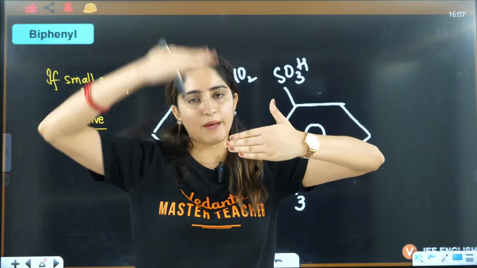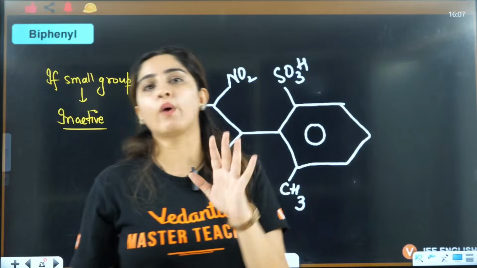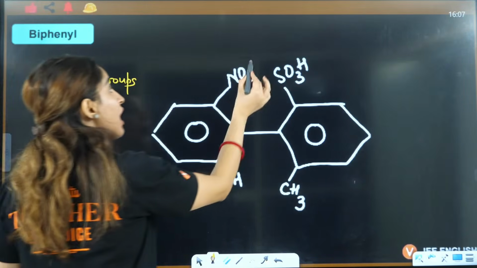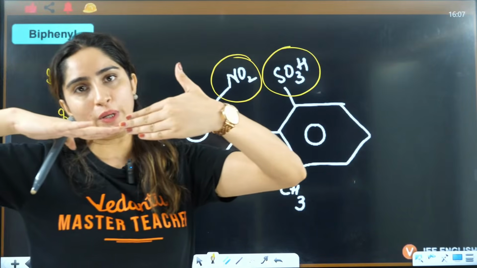If it is on the same plane, there will always be a plane of symmetry. But if you have large groups like these, the planes become perpendicular to each other.